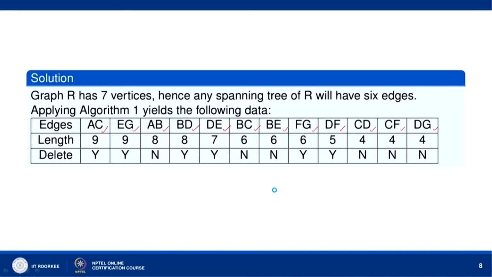Okay. And therefore, for the minimal spanning tree there will be 7 minus 1, that is 6 edges. Okay. So, the minimal spanning tree will have 6 edges.